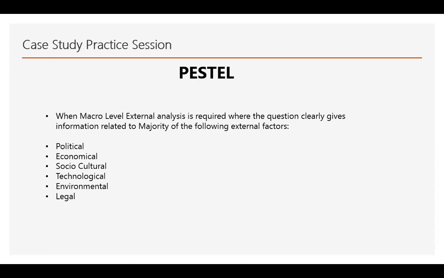It may give you information about the political environment of the organization, such as upcoming elections in the country, or a change of government due to any reason, or problems between the governments of 2 countries, and you may be operating in both of the countries.